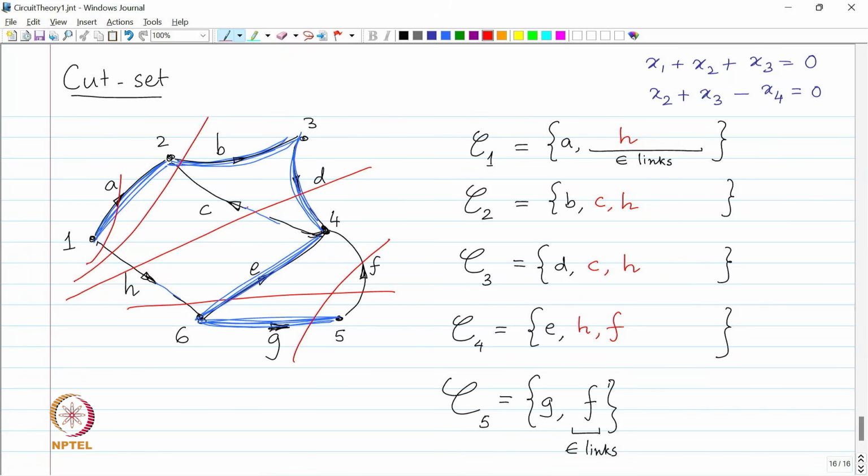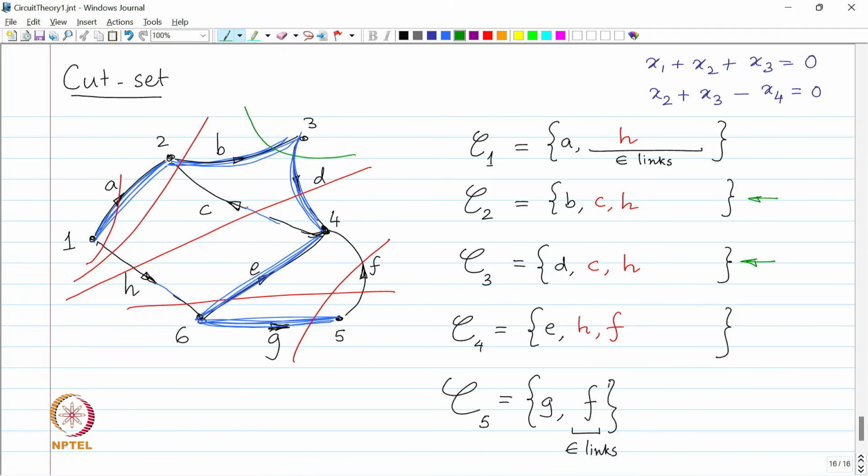Let us see. For example, Raghav talked about a cut set with B and D only. Just B and D. Raghav wanted a cut set looking like this with just B and D, but notice I have C 2 and I have C 3.